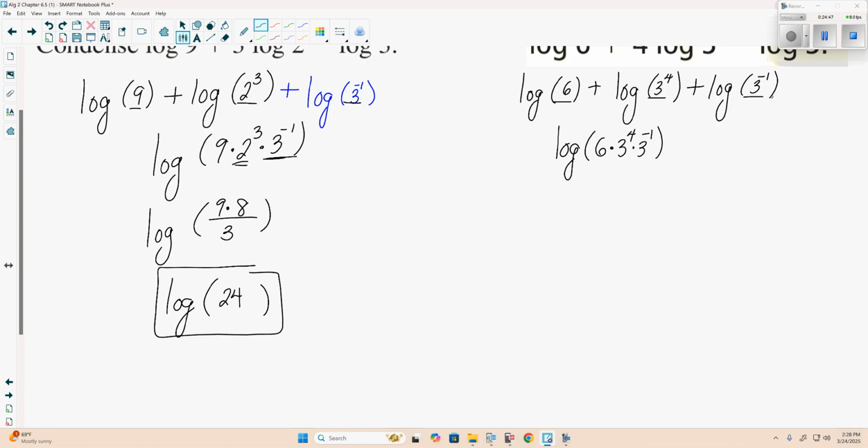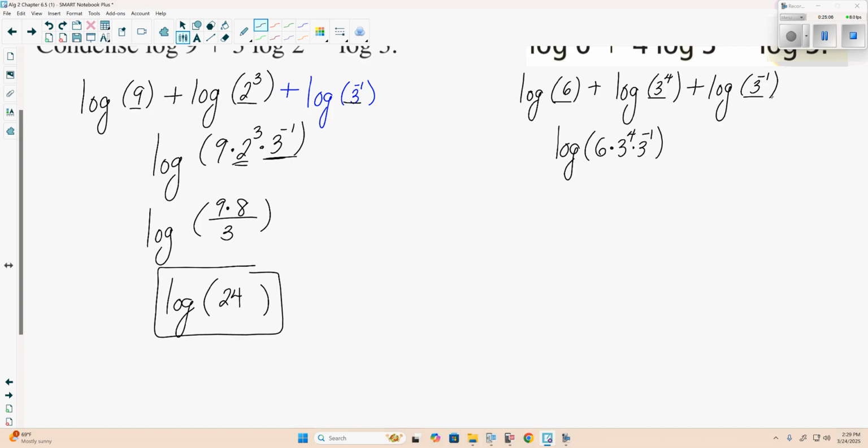Looking at this, the numbers inside of our log, we have 6, 3 to the 4th times 3 to the negative first. Do we have any variables inside that log? Is there anything restricting us from just grabbing a calculator and saying 6 times 3 to the 4th times 3 to the negative first?